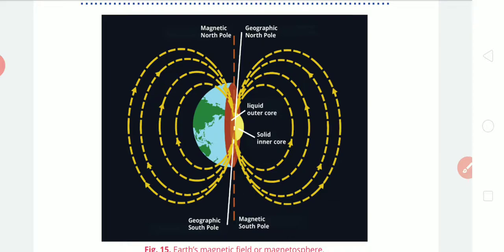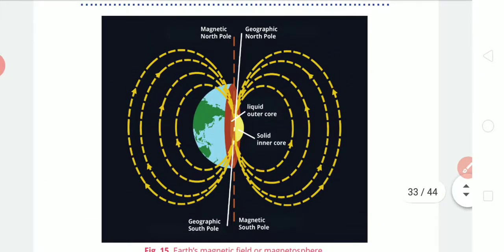Kay kini man si geographic North Pole class and geographic South Pole, it mainly talks about the direction. Tapos, kini si magnetic North Pole and magnetic South Pole, sila jud ang gikan sa Earth's magnetic field, sila nagsugod ug nag-end ang release of Earth's magnetic field.